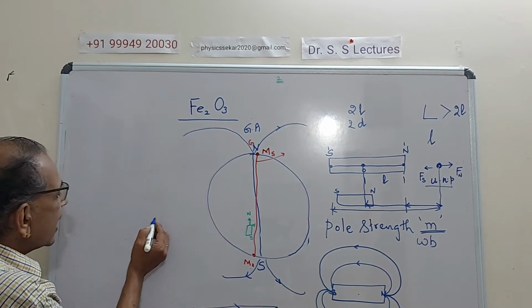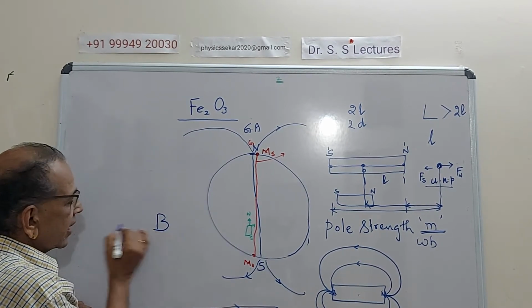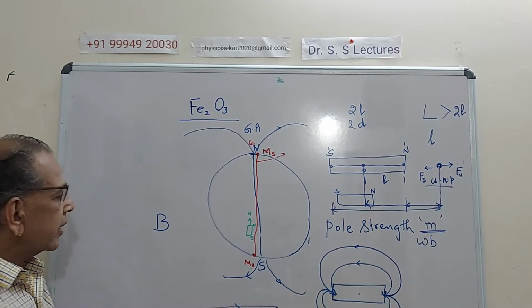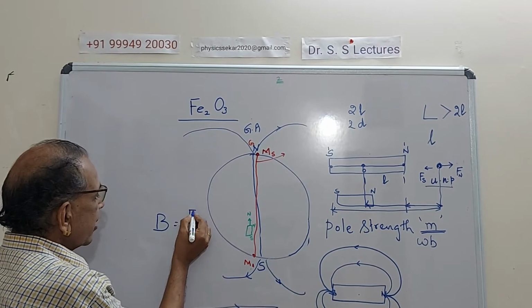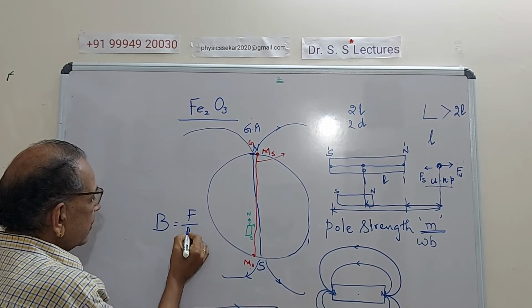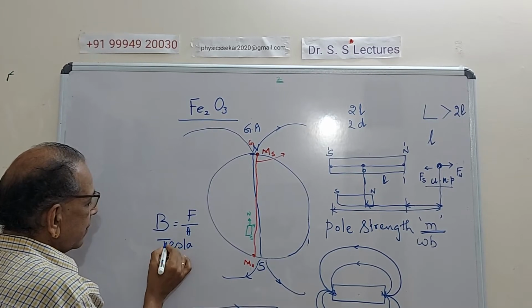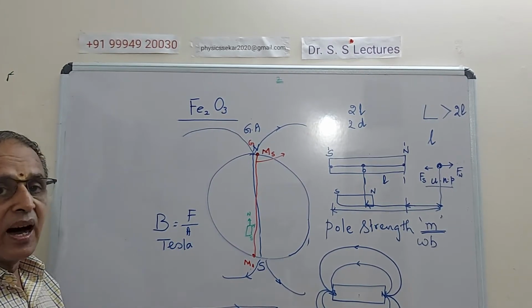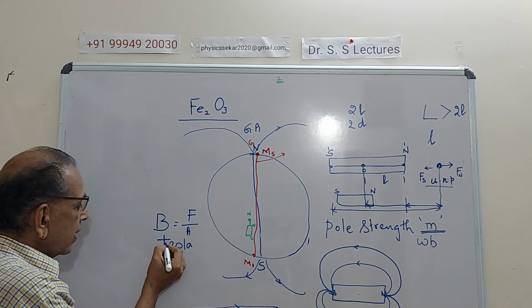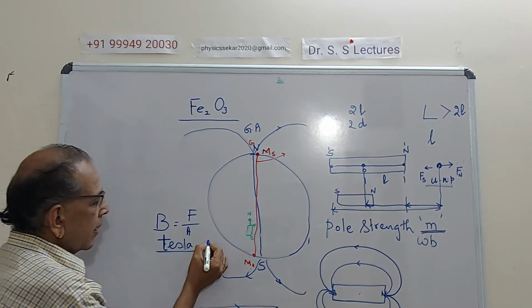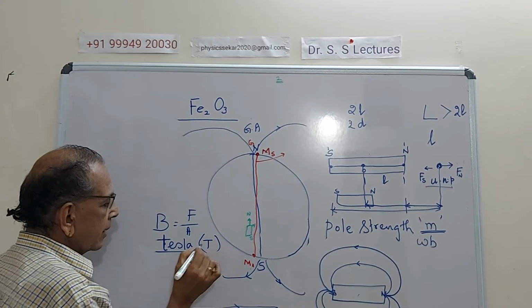The magnetic field here we will consider as the flux density, the force per unit area, F by A. We call this the Tesla. Remember, the Tesla is the unit, represented normally by the capital letter T.